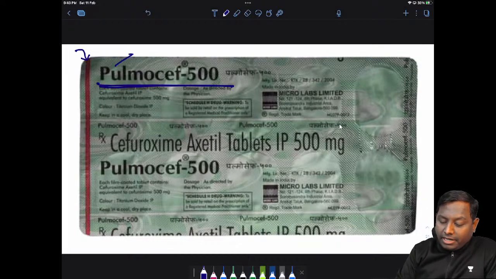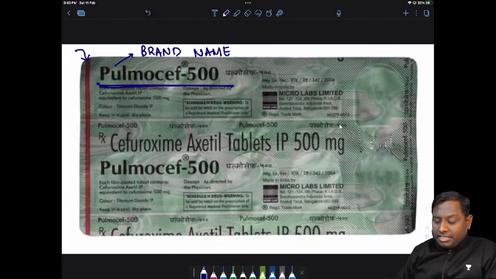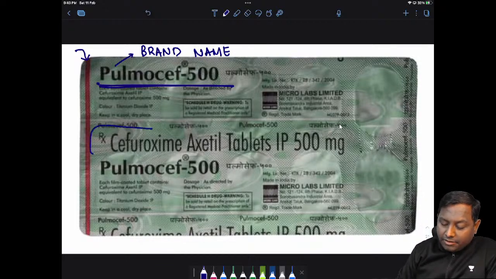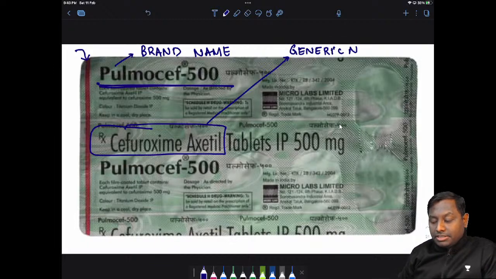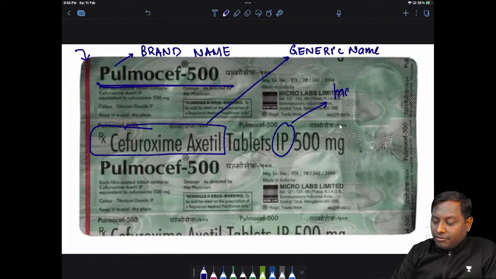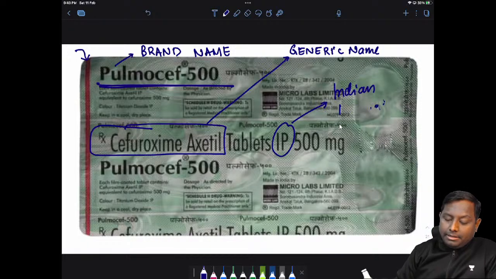Cefuroxime Axetil, that we have, this is the generic name. So sometimes they can ask you this as well, right? What does the IP mean? IP means the information of this drug has been taken from the Indian Pharmacopoeia, from the Indian guideline, right?